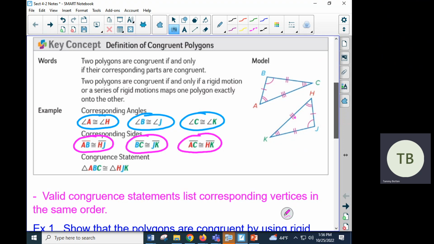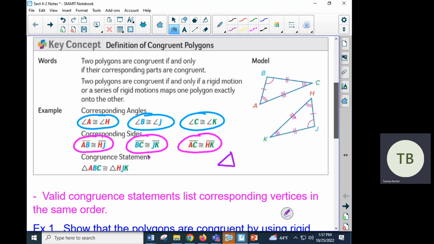Okay. Now, when we go to write that two triangles are congruent, it's called a congruent statement. What you would do is start with one of the triangles. You can just set it right there, that's perfect. All right, so when you go to write this, you would start with one of the triangles.